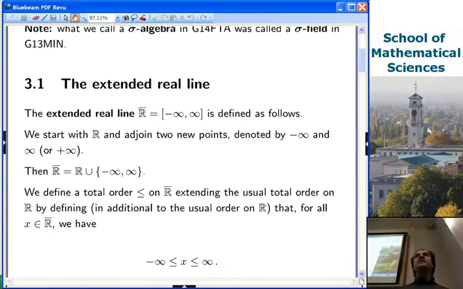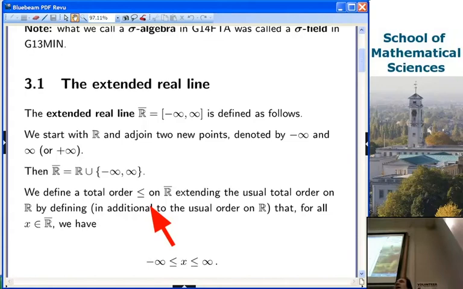So our first task is to say, as I said, that the extended real line is the ordinary real line with two new points, whatever they are. Then we have to decide what we're going to do with these two new points. And what we have to do is extend our old notions.